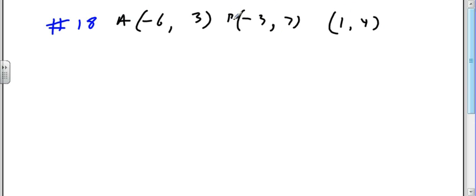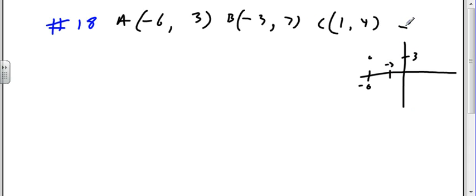A, B, C. Now probably if we had a picture, this would be clearer, right? So minus 6, 3, minus 3, 7, and 1, 4.